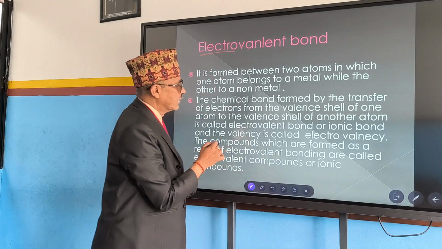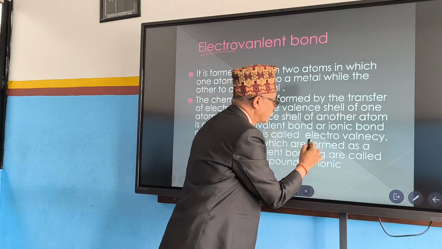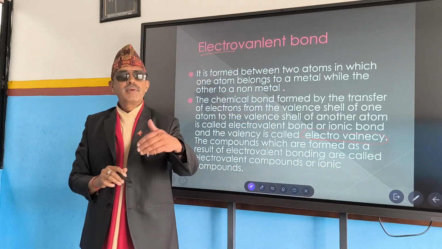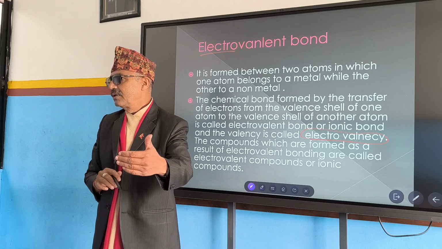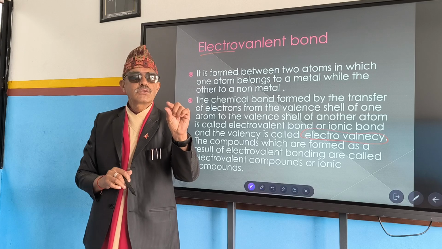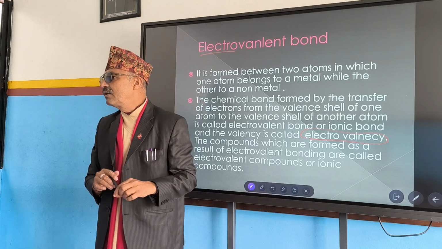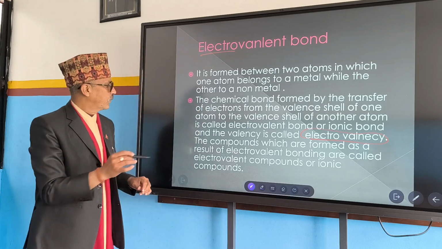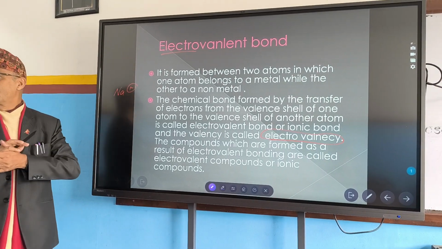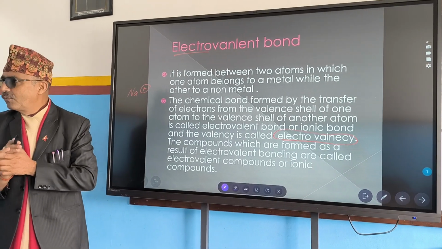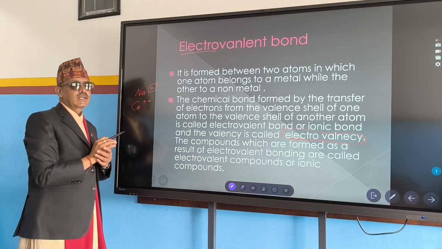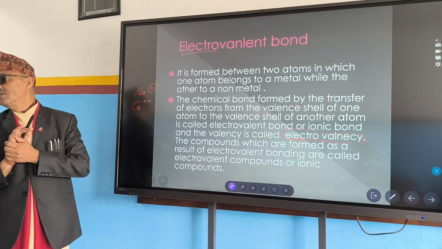Another heading is there, electrovalency. How many electrons are transferred or how many electrons are gained? That number of electrons which are transferred is called electrovalency. For example, if sodium gives 1 electron, then what is the electrovalency of sodium? 1. If calcium donates 2 electrons, then the electrovalency is 2.